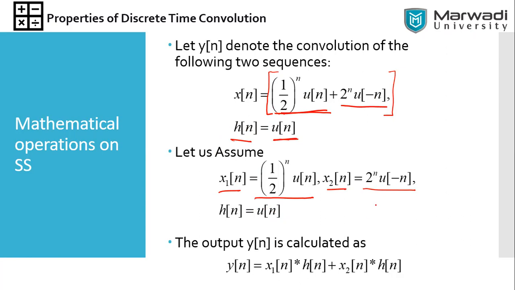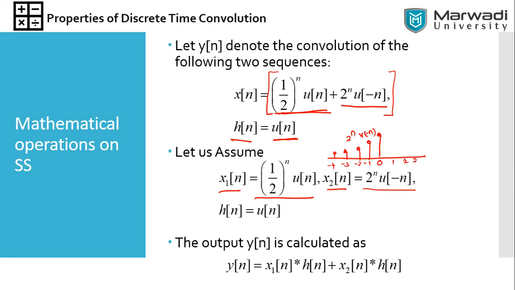What does it mean when we say 2 raised to n u of minus n? It means that this x2 of n is defined for negative values of n only: 0, minus 1, minus 2, minus 3, minus 4. This is 2 raised to n u of minus n.